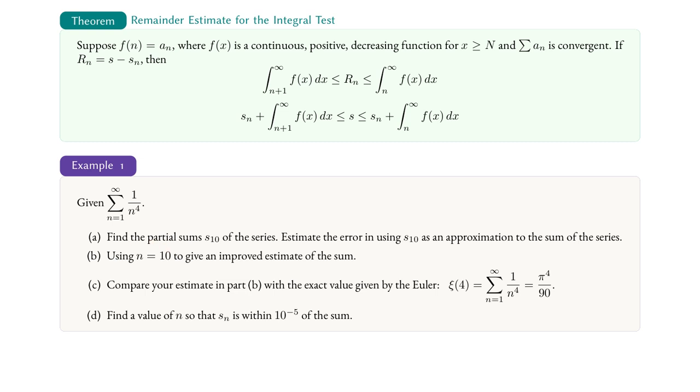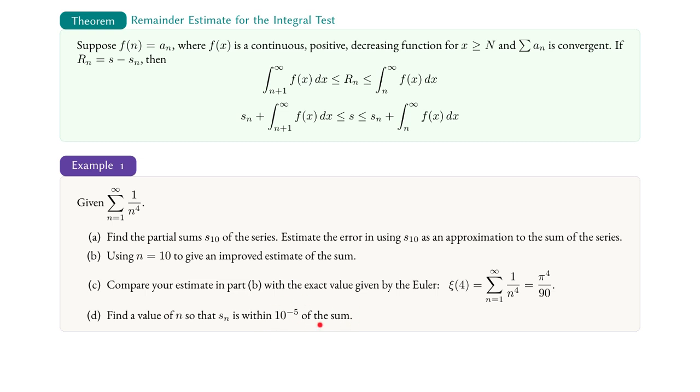Using n equal 10, give the improved estimate of the sum. Compare your estimate in part B using the exact value given by Euler, which is zeta of 4, pi to the fourth over 90. And then find the value of n so that the partial sum is within 0.00001 of the sum.